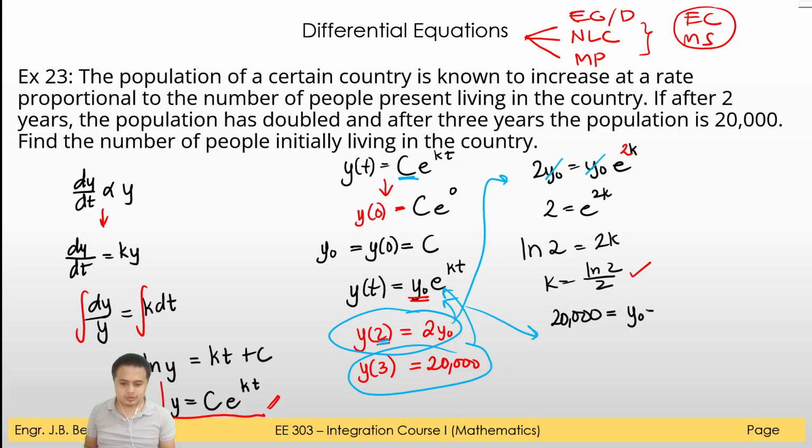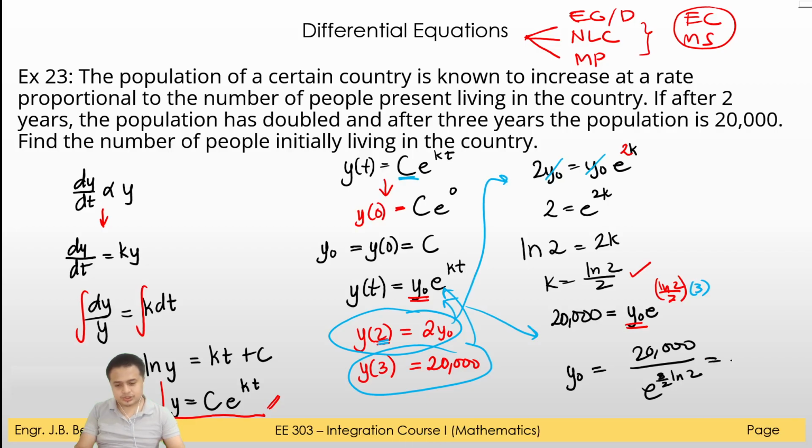So y sub 0 e raised to kt. We already know k, which is ln 2 over 2, and t is equal to 3. So y sub 0 is equal to 20,000 over e raised to 3 halves ln 2.